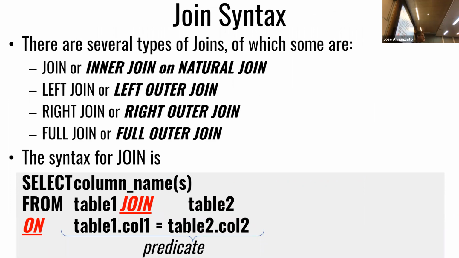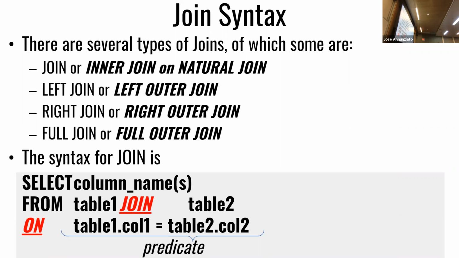Now, this is such a common operation that we call it the natural join. It's what you would normally think of as joining two tables. You know, it's like, duh, that's the only thing I would ever do. But indeed, there are other ways of doing this, for doing other things.